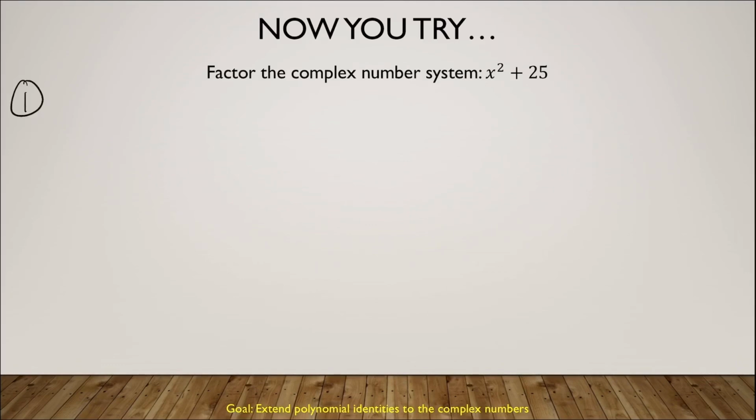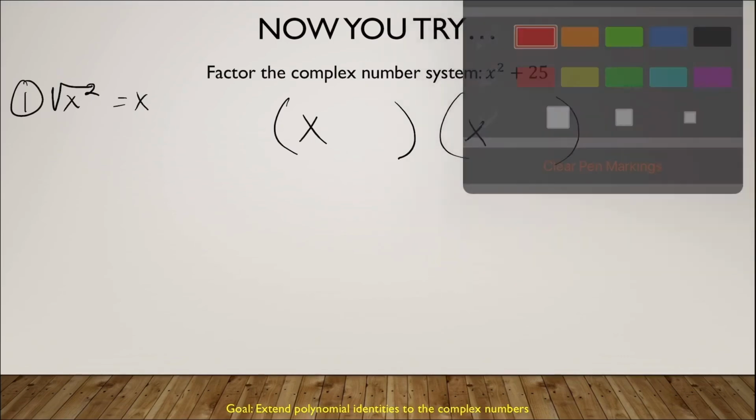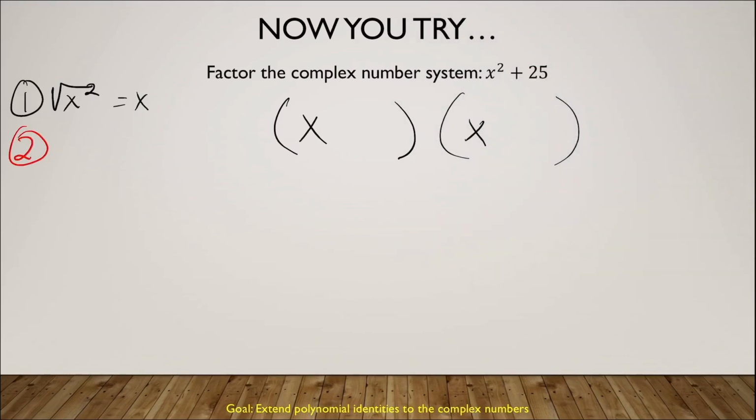All right, step 1. We know I want this in factored form. I'm going to take the square root of the first term, which is x. There's my first piece. My second piece is I'm going to take the square root of the second one, which is 5.